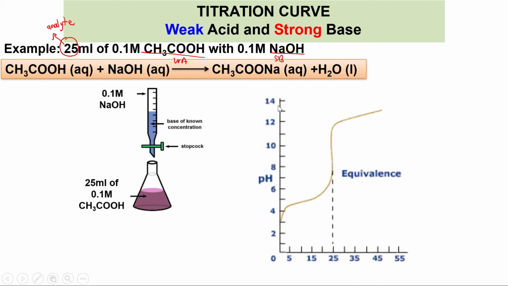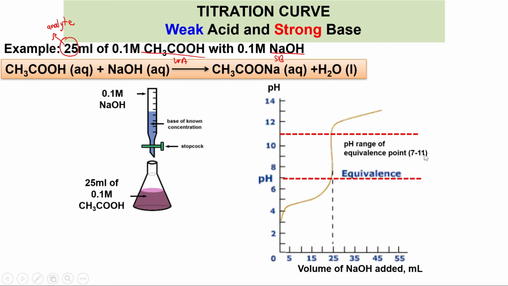Next, we can sketch the titration curve, which is pH against the volume of titrant added. Our titrant is NaOH. And then, what you can do is label the steep vertical portion. For the titration between weak acid and a strong base, the pH range of the equivalence point is between 7 to 11, and the pH of the equivalence point will be more than 7.